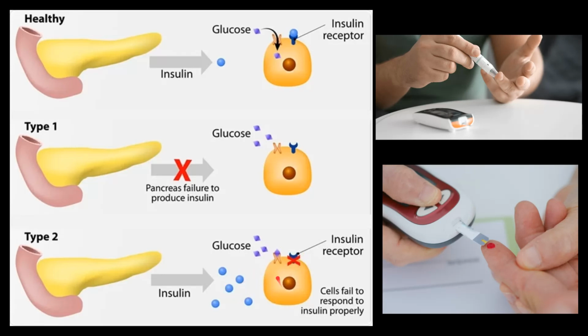The cells that are supposed to bring the glucose in, in order to lower the level of glucose in the blood, stop responding to the insulin. So the pancreas is making insulin, but these cells are basically just ignoring the insulin. And so the amount of sugar in the blood stays high.